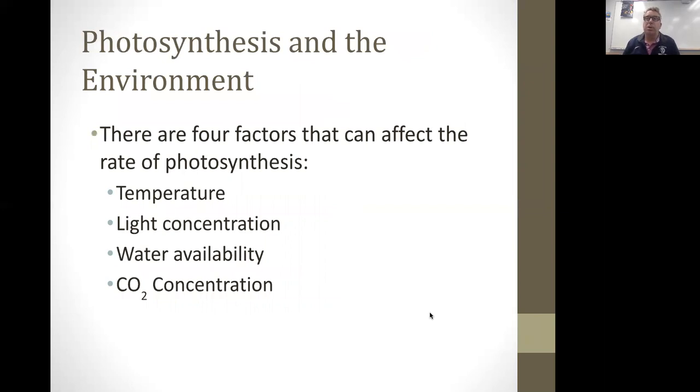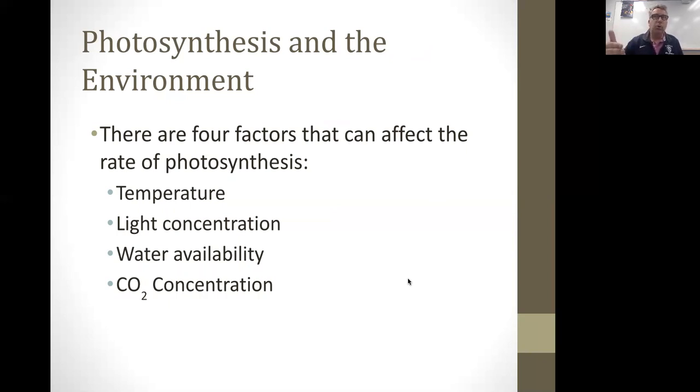So as I mentioned in the essential question, we talk about factors that affect the rate of photosynthesis. And we put these individually, but we should know that they all act on each other, right? We can't really, in the real world, separate temperature and light concentration and water and carbon dioxide.